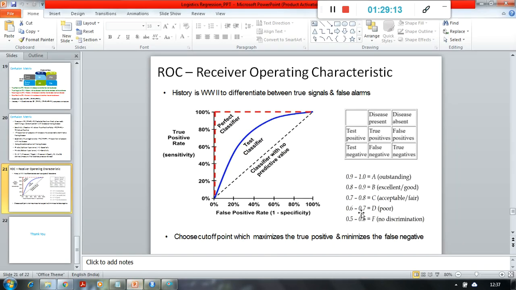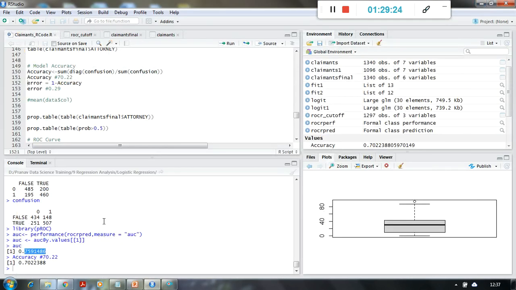Now let us go and check. So between 0.7 and 0.8 is an acceptable or fair model as far as area under curve is concerned, and accuracy is 70%, which is again good.